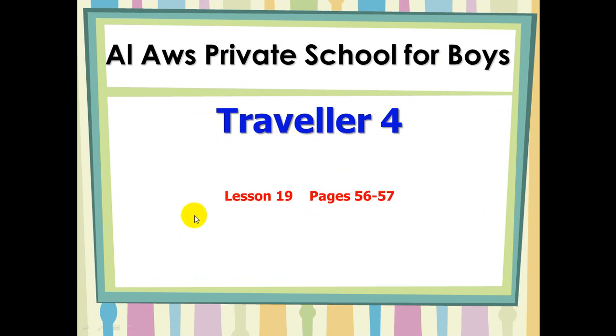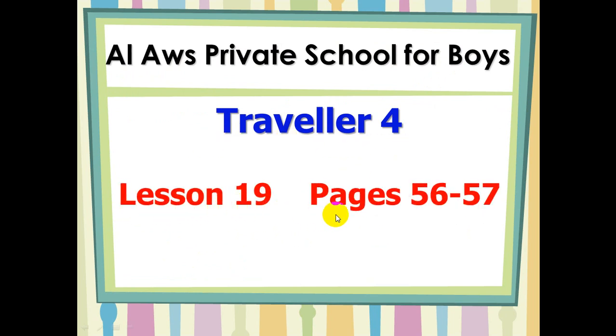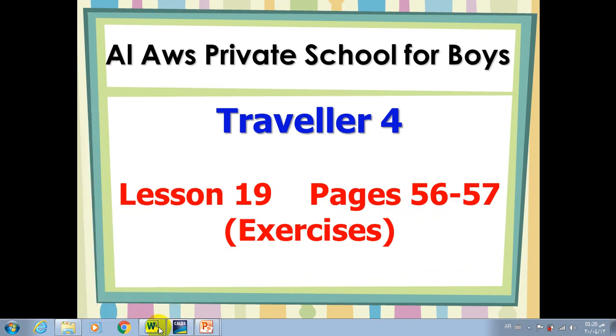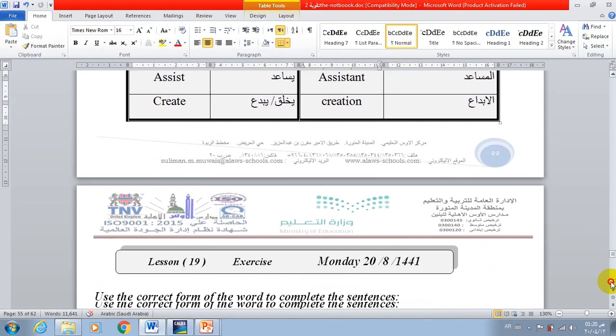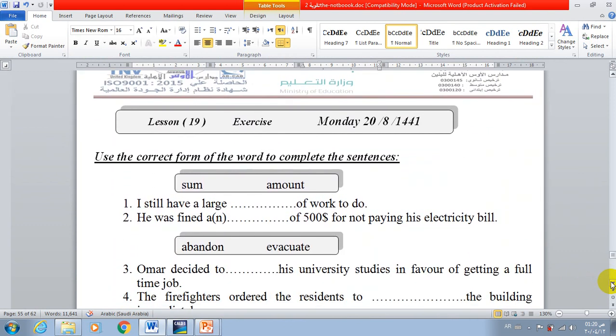Traveler 4, lesson 19, pages 56 and 57. Exercises. Okay, let's go to your notes on this page. Please, my dear students, open your notes on page 56 to answer all the questions.